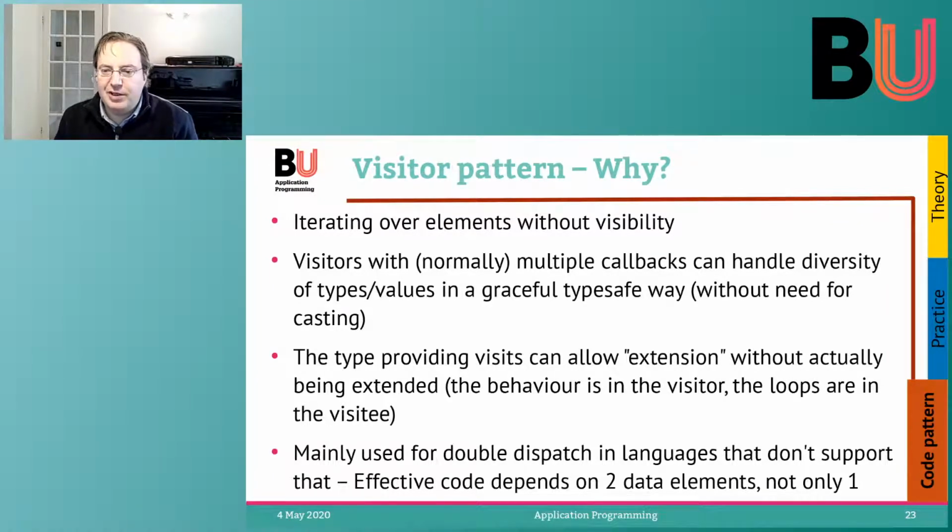One of the things that you can do with the visitor pattern is you can go into a data structure without knowing how the data structure is actually structured. You can just iterate over the elements and it works automatically. Normally you'd have a visitor object with multiple different callbacks depending on different types.